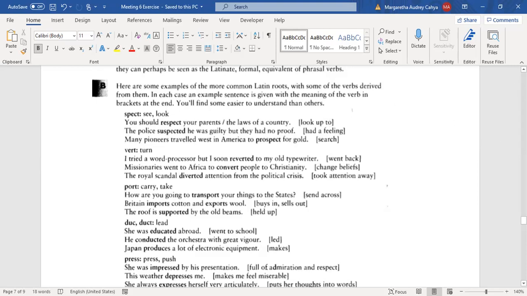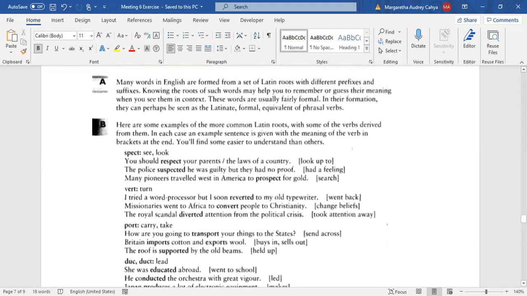As you know before, they said that if you know certain roots of words, it may help you remember or guess their meaning. Jadinya itu bisa untuk kalian mengira-ngira apa artinya. But I tell you that it's not an easy thing to do. Jadinya itu bukan sesuatu yang mudah untuk dilakukan ya, menebak-nebak itu.